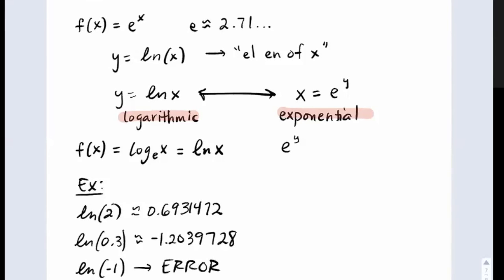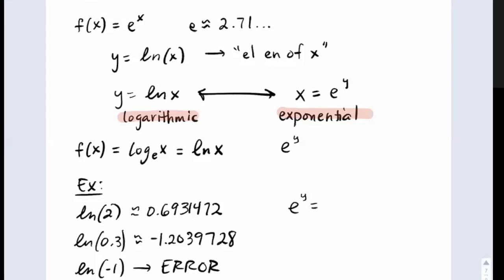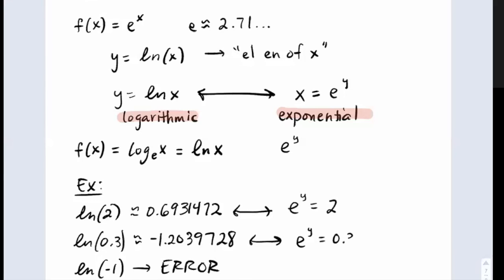If you remember from our study of logarithms, what these numbers are is I'm trying to find e raised to what power gives me these things in the parentheses. For the first one, I'm looking for e raised to what power gives me 2. Here I'm asking e raised to what power gives me 0.3. And here I'm asking e raised to what power gives me negative 1.